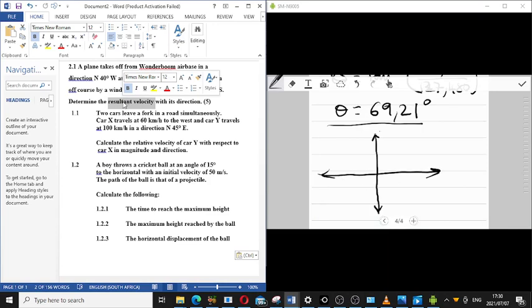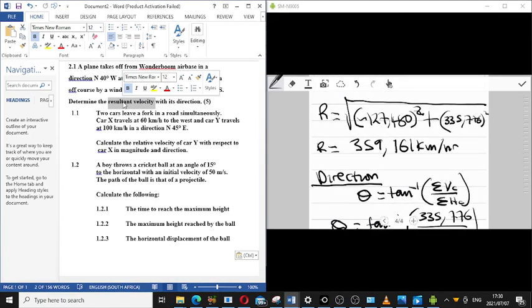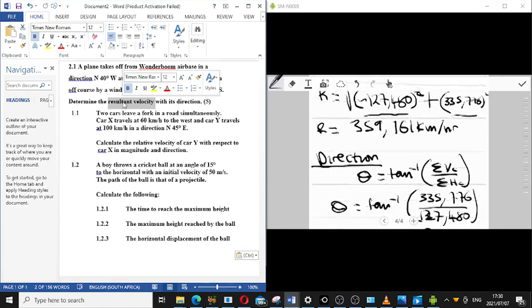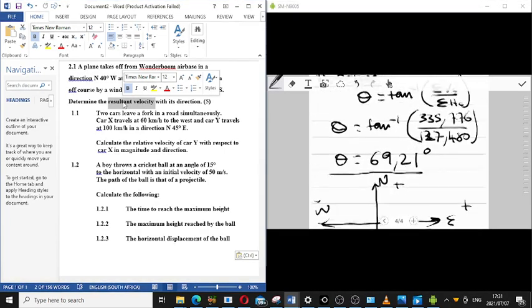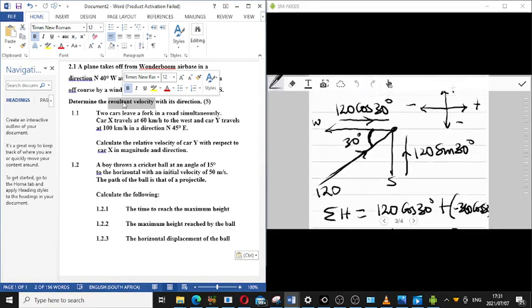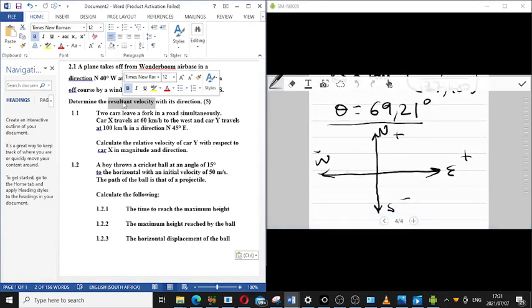Now that we've got our theta, we should draw the compass again. This is north, this is south, east and west. If you can check here, our horizontal component is negative and the vertical component is positive. The horizontal component is minus 127.480, so if it's negative, it's pointing in this direction.